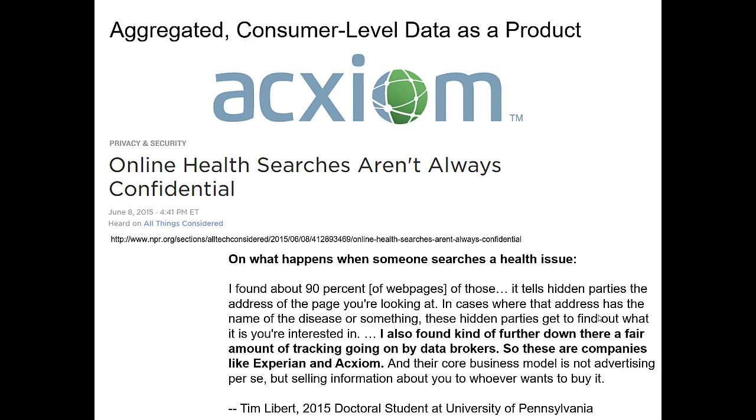So in other words, if this company knows who you are through cookie tracking, and now they know what you're searching for, they have an ability to generate an idea of your medical history based on what you're searching.